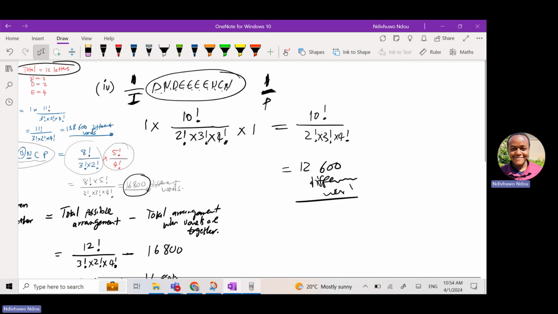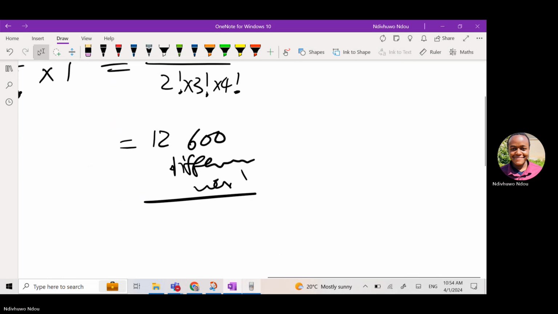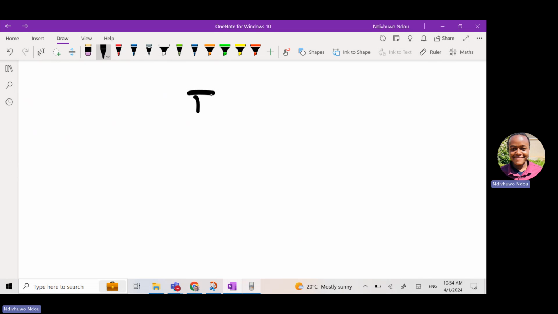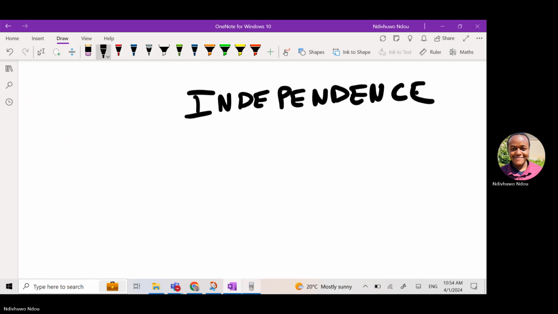It will be quite different, guys, if they give you the same word. Let me just show you. If they give you the same word, independent, and they say what is the total possible number of arrangements, given that the repeating letters are treated as different.